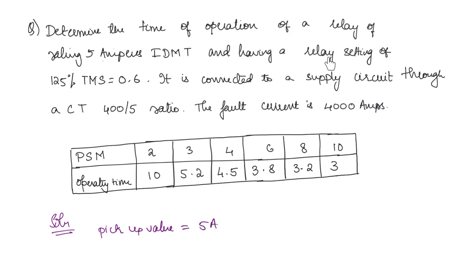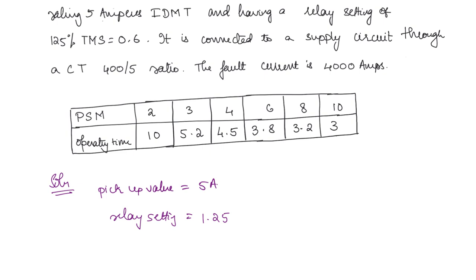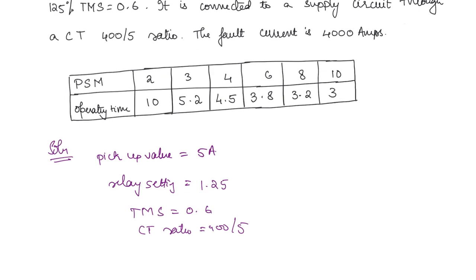The relay setting of 125% is given, so relay setting is equal to 1.25. TMS, the time multiplier setting, is 0.6. CT ratio is 400 by 5, and the fault current is 4000 amperes.